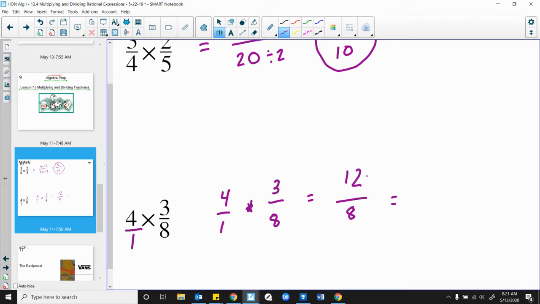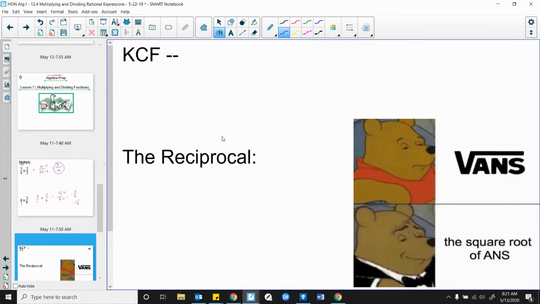I'm going to simplify that by dividing by 4, and I end up with 3 over 2. I will accept 3 over 2. I will accept 1 1/2. Either answer is fine with me. So multiplying, very easy. Multiply the top times the top, multiply the bottom times the bottom. We get an answer.